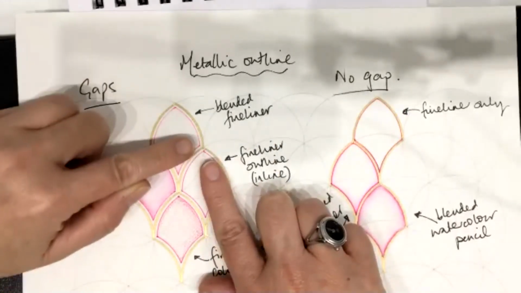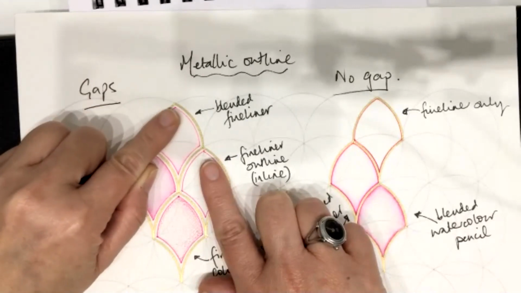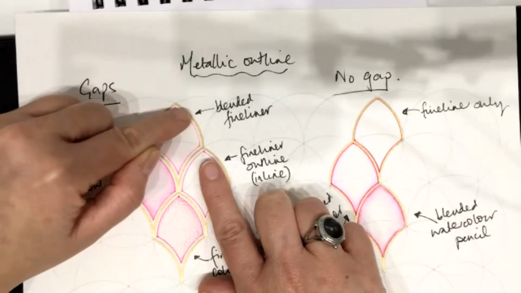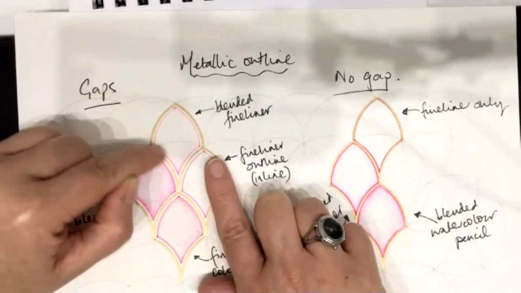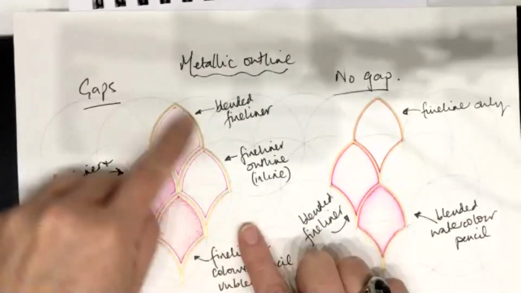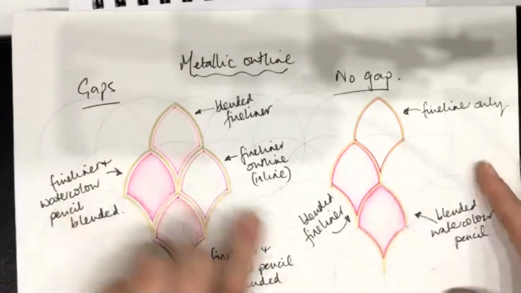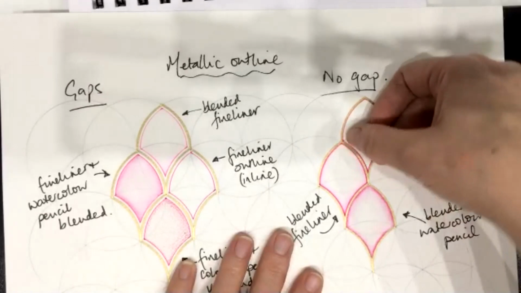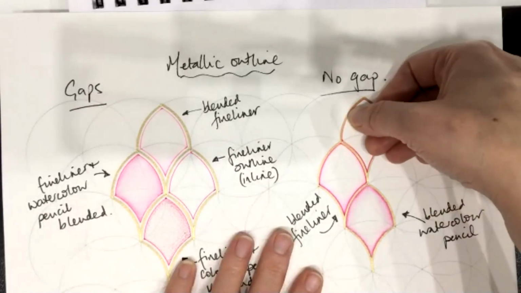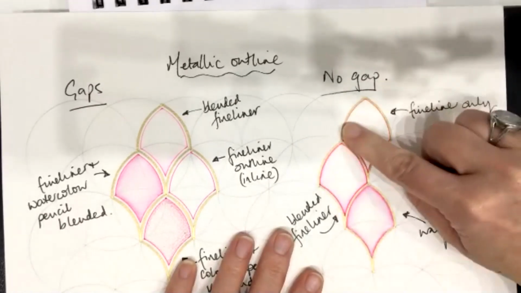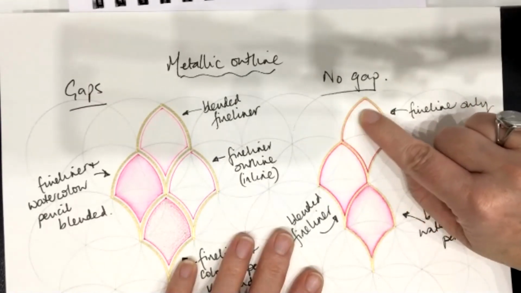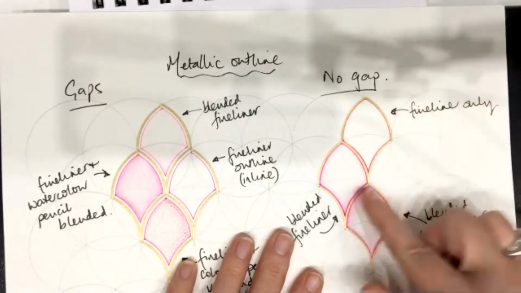So I've put my fine liner pen in my compass. You can do it freehand, but I've left a little gap around the edge here. So all of these have been gapped. And then on the other side, I've opened my compass out slightly further so that my fine liner actually butts up right along the edge of my gold there. So that's essentially no gap.